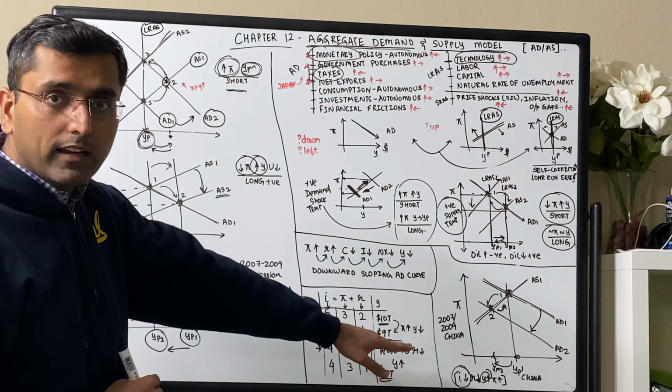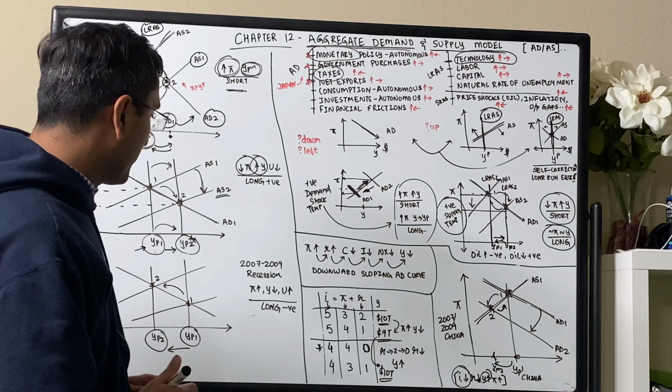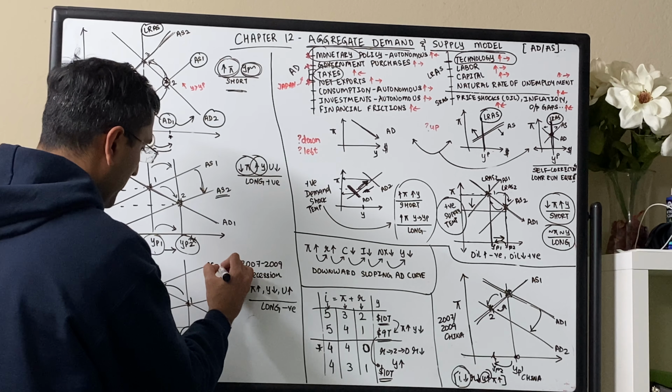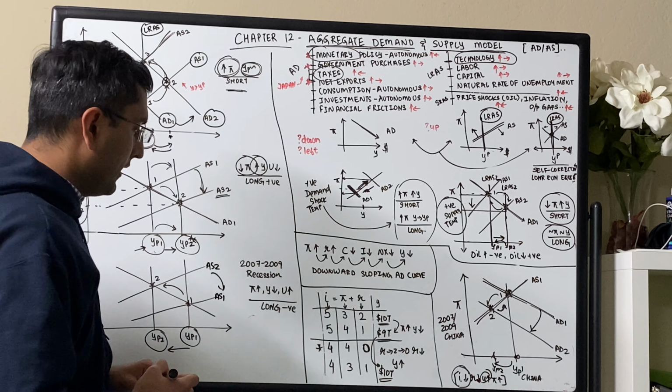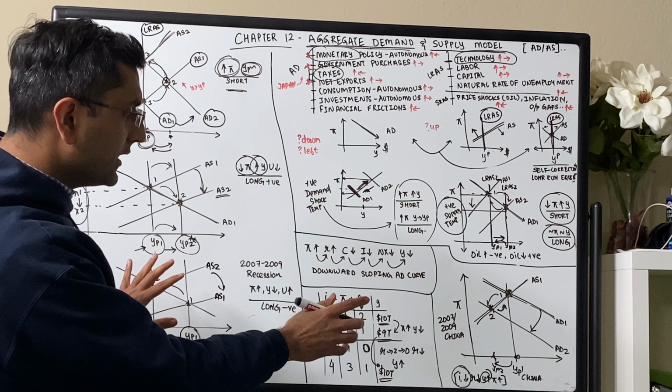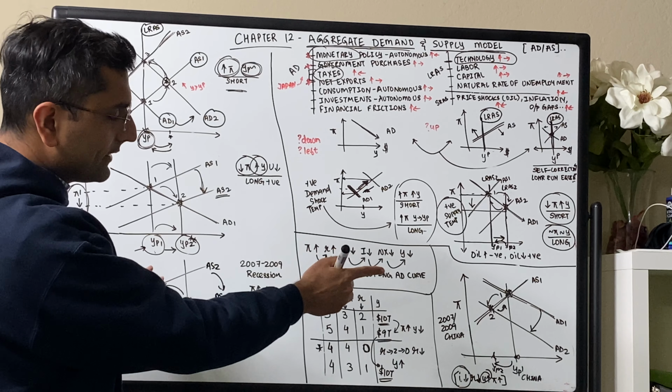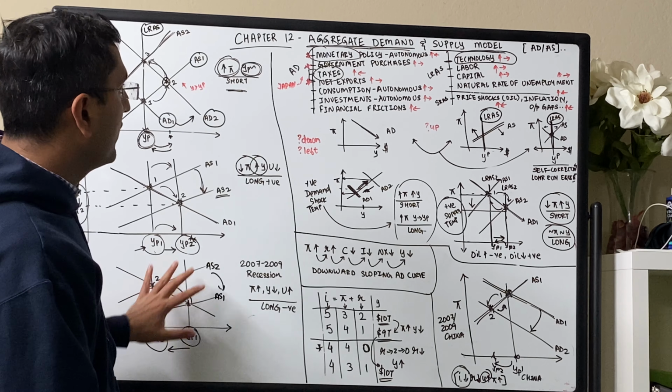But in that case, they were export driven, here it's consumption driven. So they had to shift their supply back from AS2 to AS1, right? So there's a different way in which these economies are triggered. In this case, it's demand driven, supply driven.